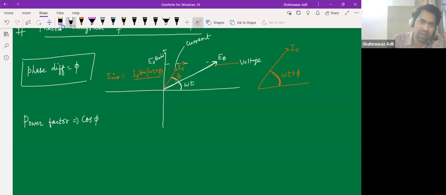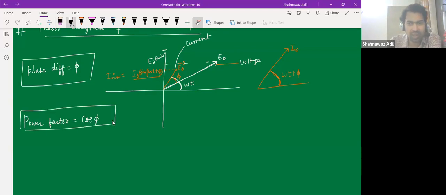This determines how much power has been lost, right? So this is a determination of how the power is dissipated in different circuits, and it is determined by this power factor.